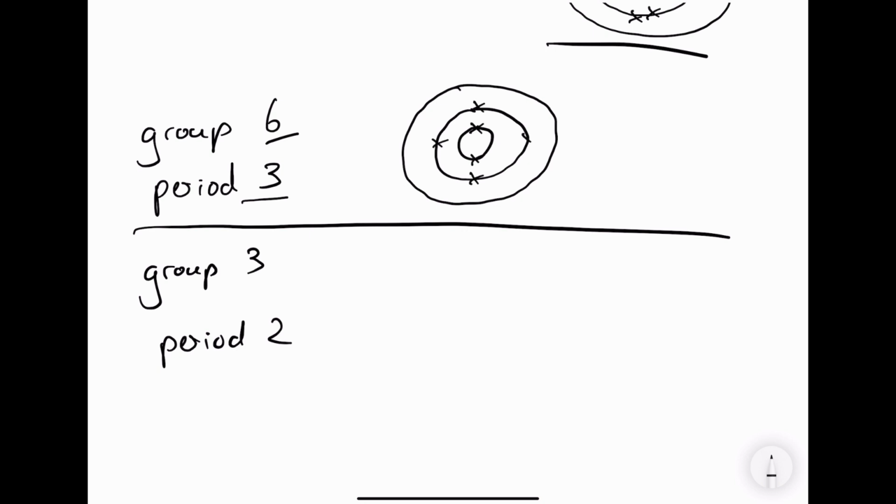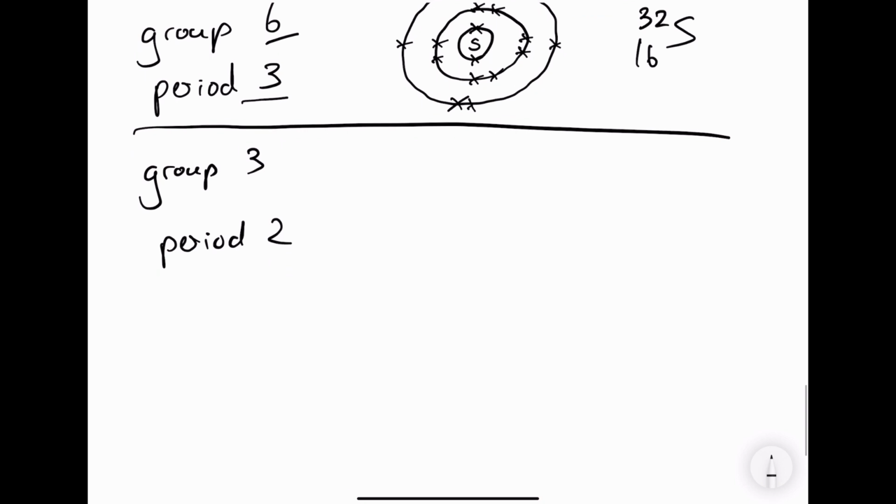The first shell has a maximum of 2. The second shell has a maximum of 8. And then there are 6 electrons in the outer shell. Now this atom has 16 electrons, which means it is sulfur. It's an atom of sulfur. So we have deduced just from the group and period number the identity of the atom.